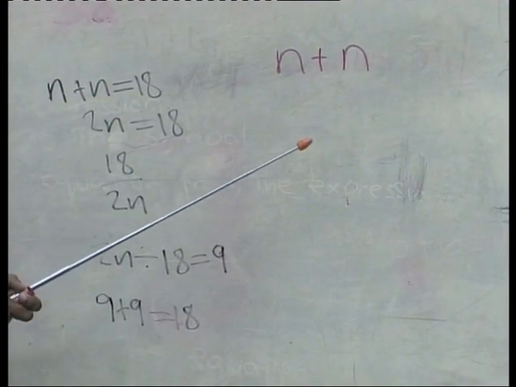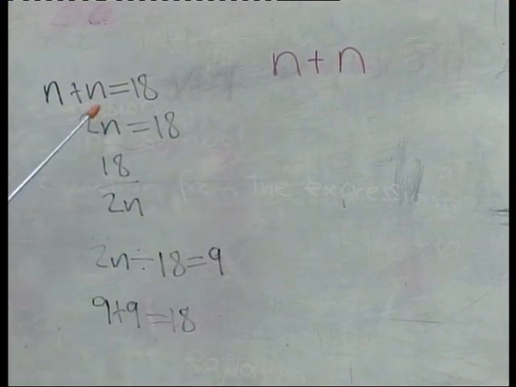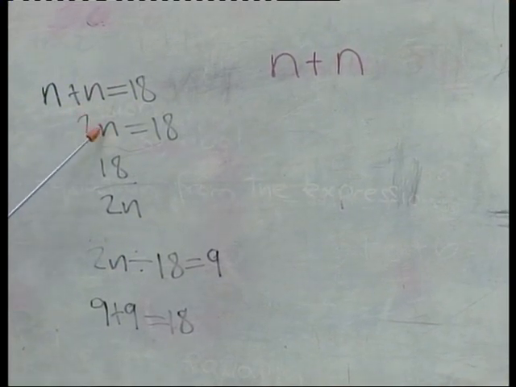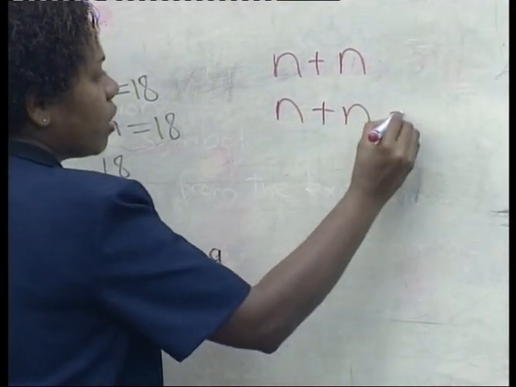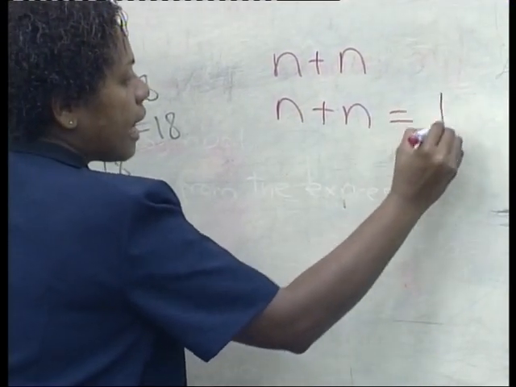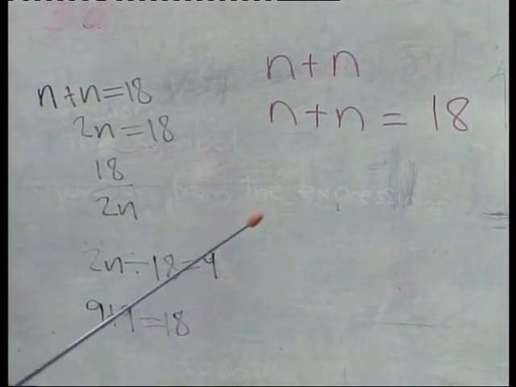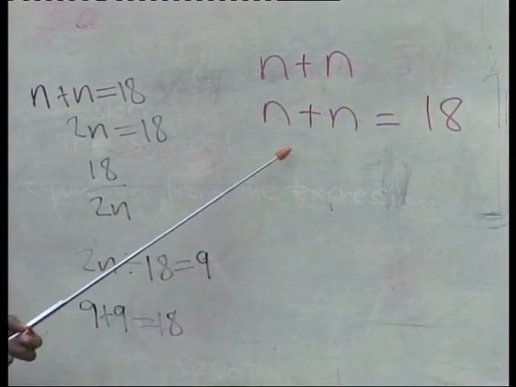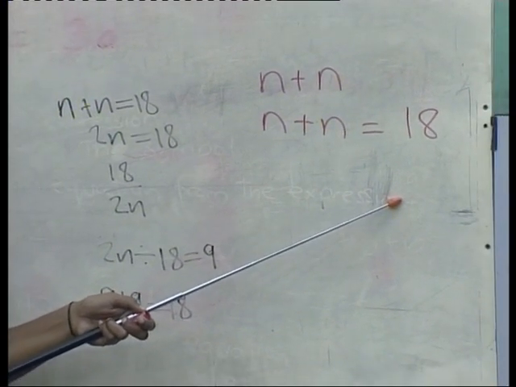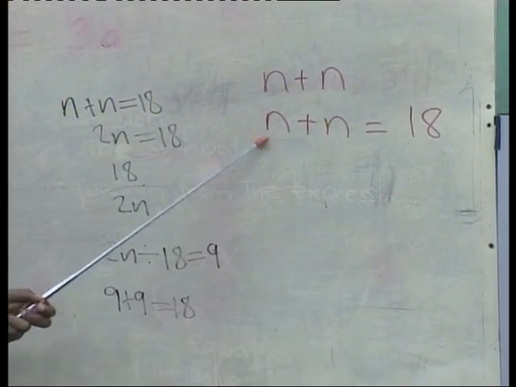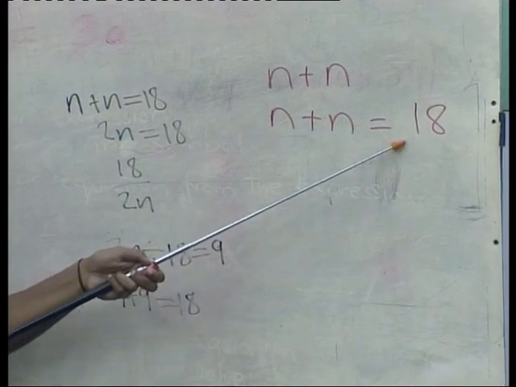Now you form an equation, and this is what he's already done. n plus n is equal to 18. Matthias thinks of a number, he doubles it, and the answer is 18. Is that clear? So n plus n is equal to 18.